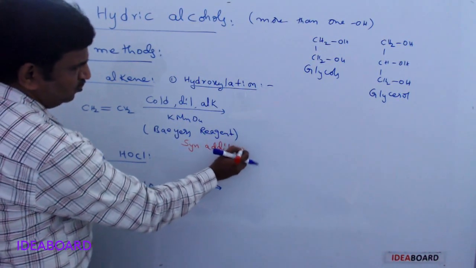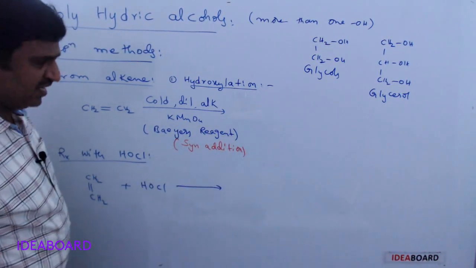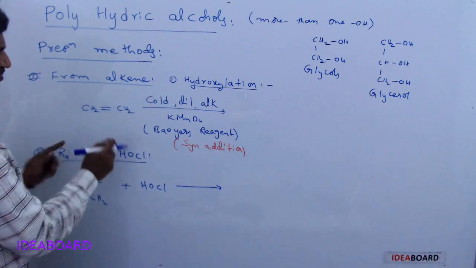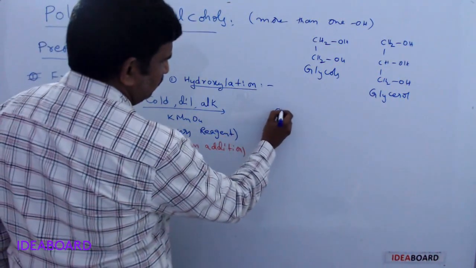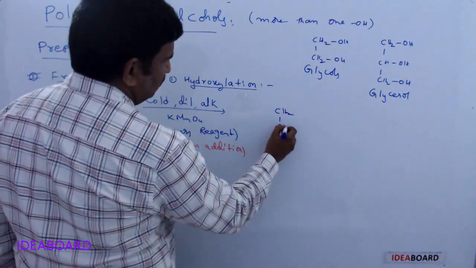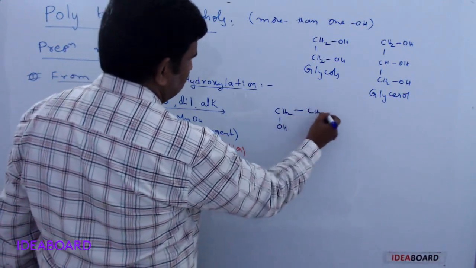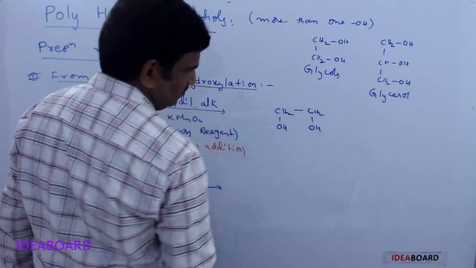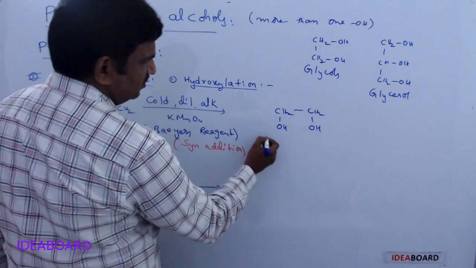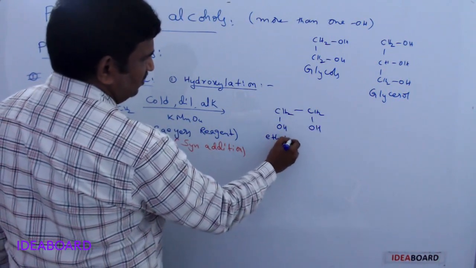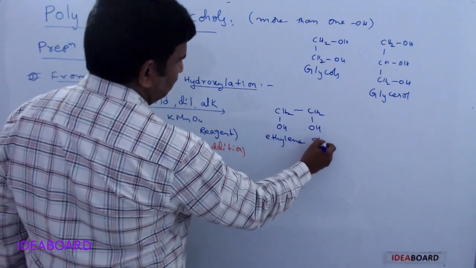It means two OH groups are added to the carbon atoms from the same plane, and so we get CH2OH and CH2OH. So this is a glycol, commonly called ethylene glycol.